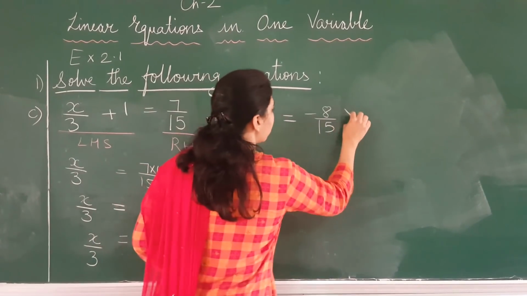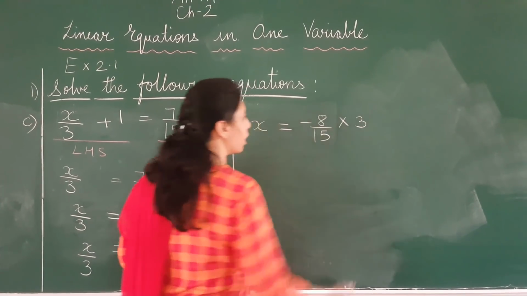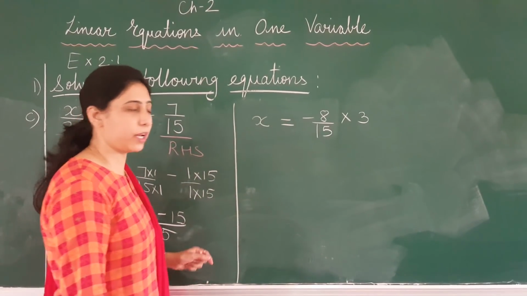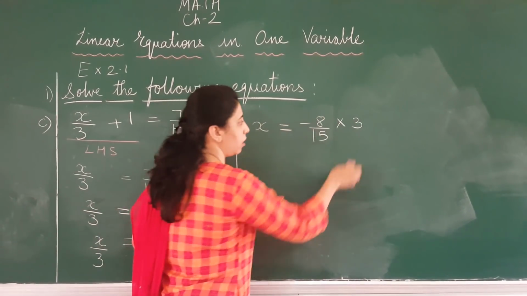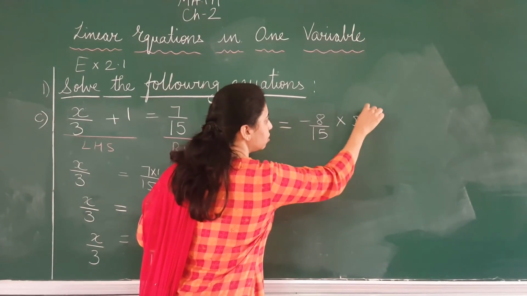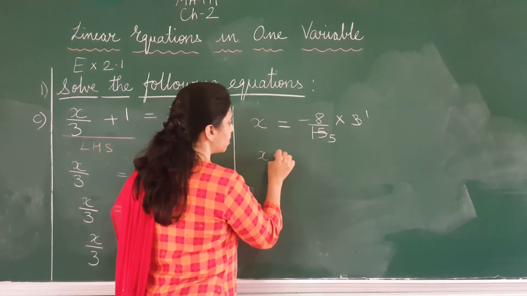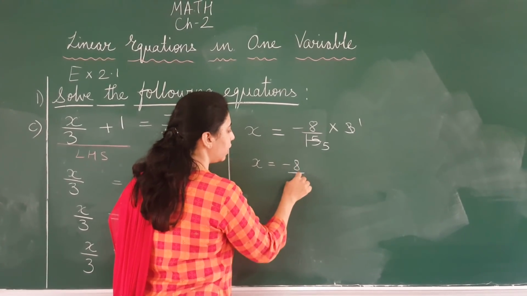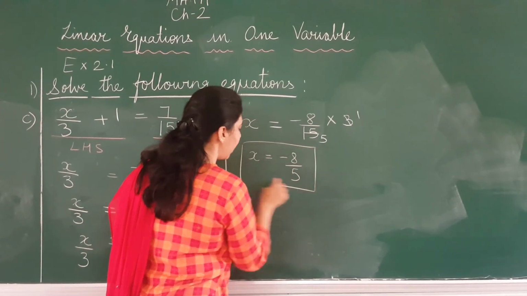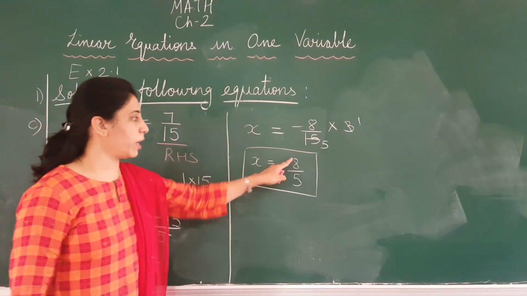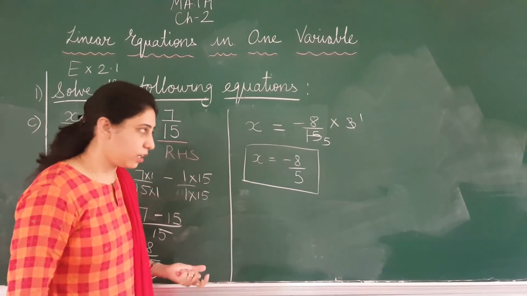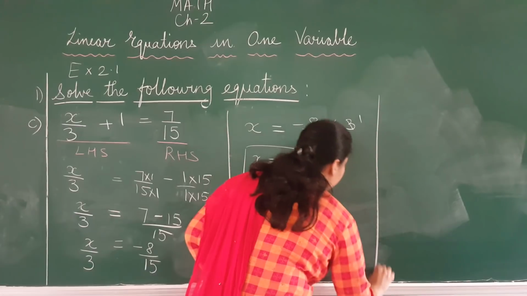So when you take it to the other side, it will become multiplication, that is multiplied by 3. You change the sign. So just do the calculation here: 3 ones are 3, 5 threes are 15. So x is equal to minus 8 upon 5. So what is the value of x? x is equal to minus 8 upon 5. We'll check whether this answer is right or not.